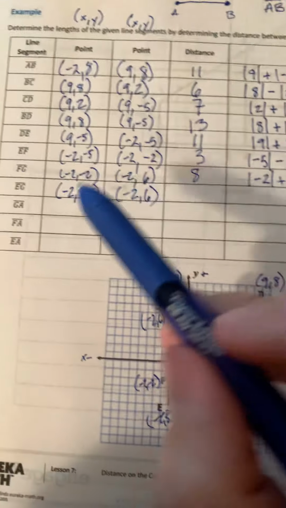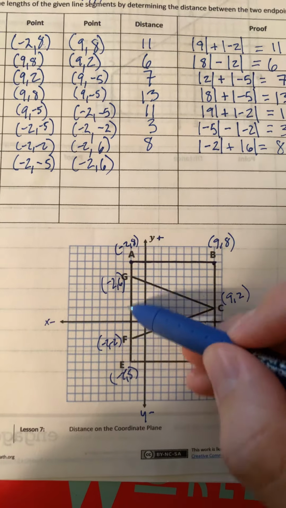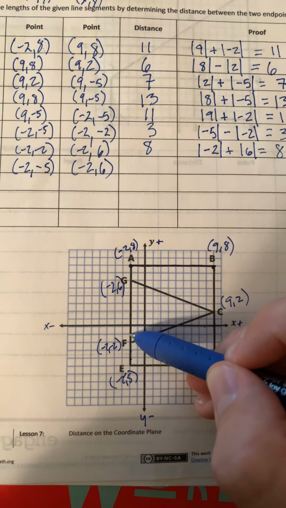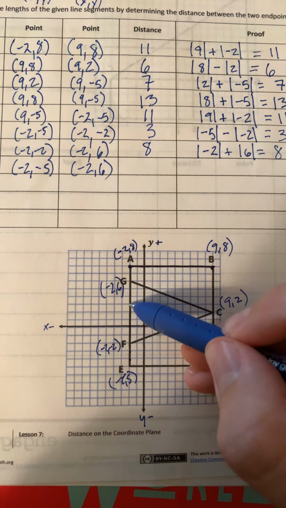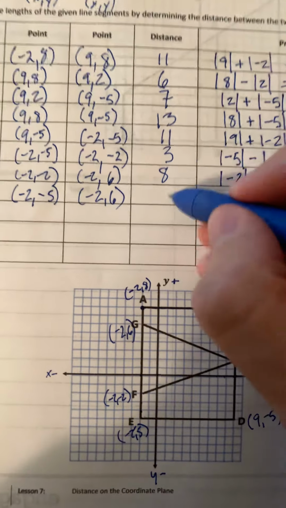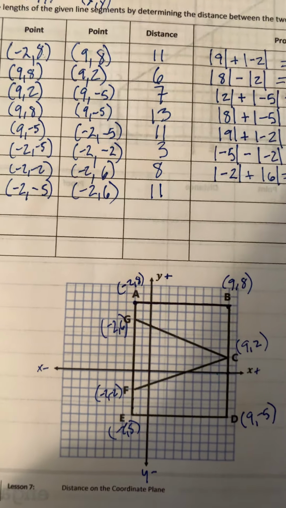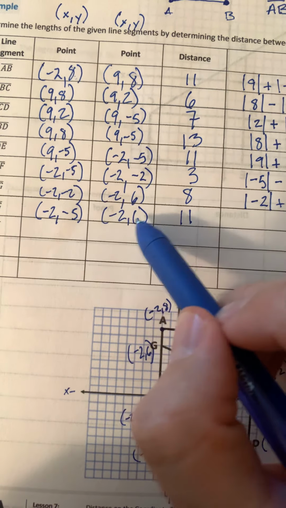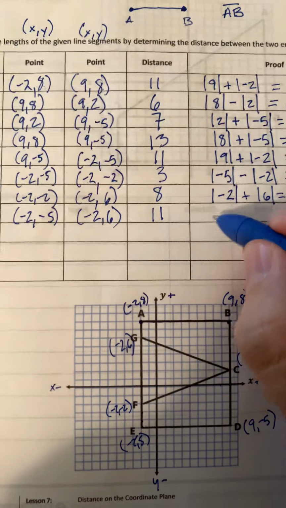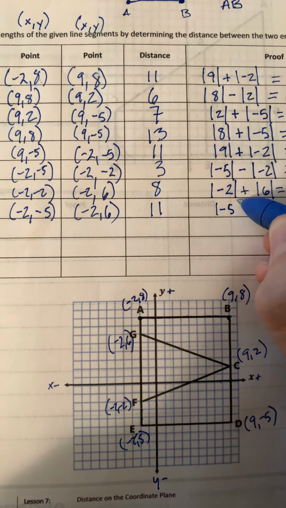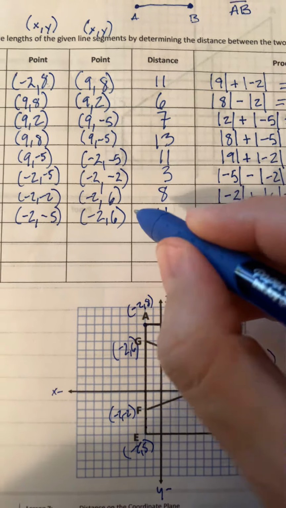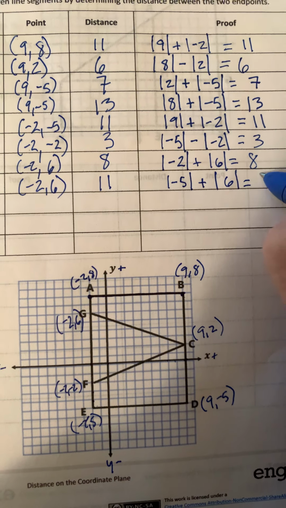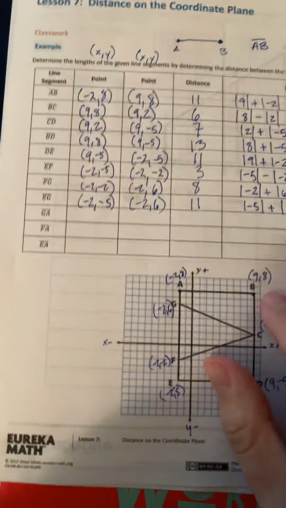All right, so we're going to count from E to G. 1, 2, 3, 4, 5, 6, 7, 8, 9, 10, 11. Okay. The x's stay the same. The ones that change are the y's. So I'm going to do the absolute value of -5 plus the absolute value of 6, which is saying 5 plus 6 is 11. All right.